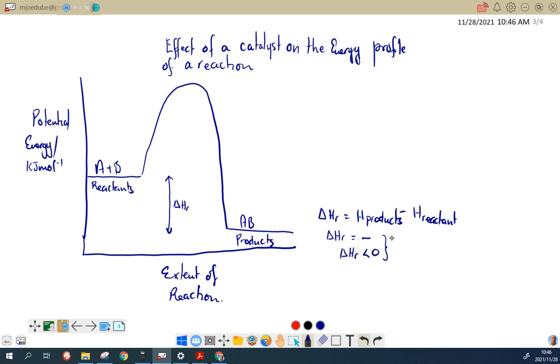And this signifies that the process is an exothermic process. So this is an exothermic reaction, and we are able to conclude that.